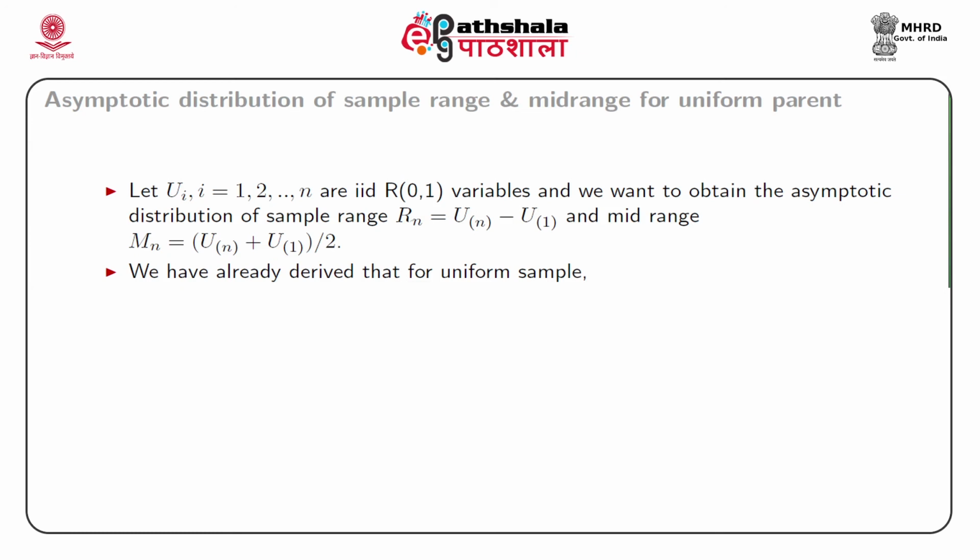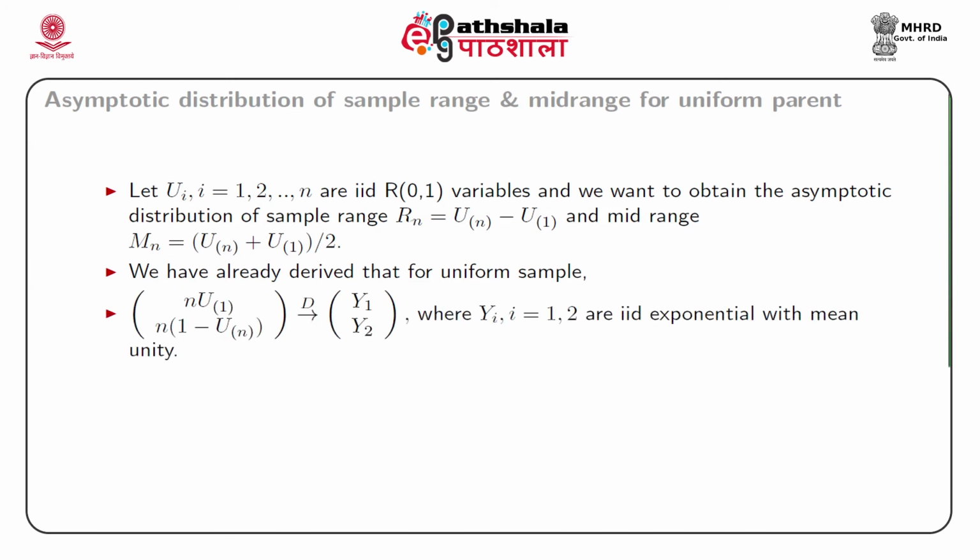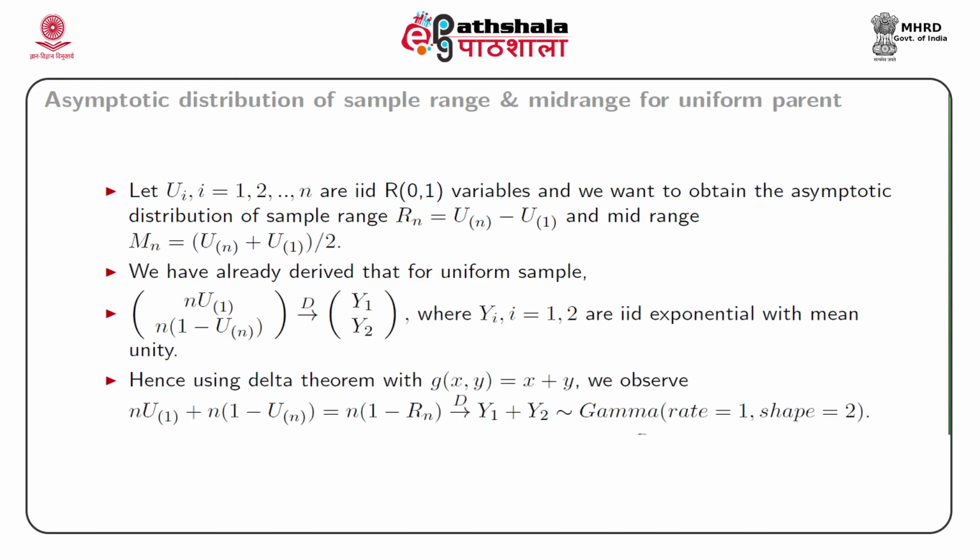Hence, using the delta theorem with g(x, y) as x + y, we observe that nU(1) + n(1 - U(n)), which equals n times (1 - Rn), has the same distribution as Y1 + Y2 as n tends to infinity.